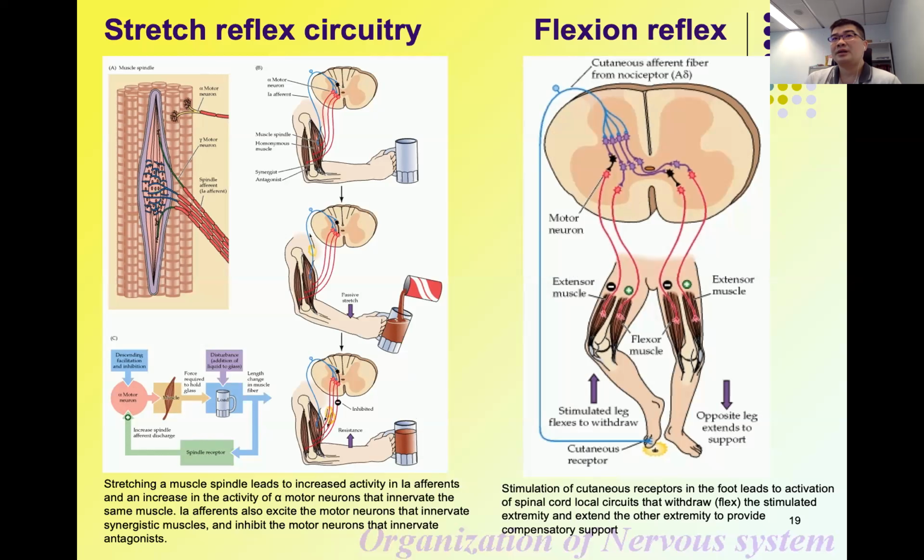Here is another example. If you are stepping on a pin, the sensory signal will go in, and it relates to a lot of different interneurons, to make this muscle contract, and the other one relax, so that the opposite leg can take over and stand on the ground.